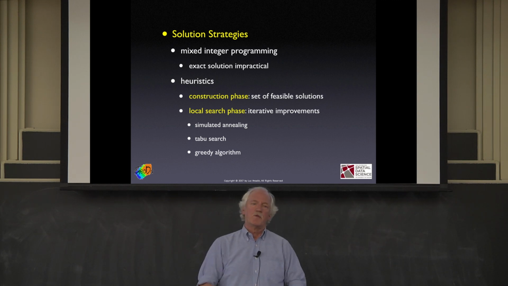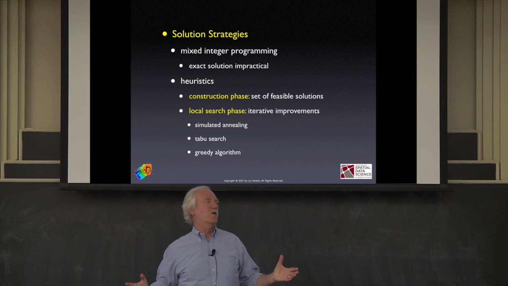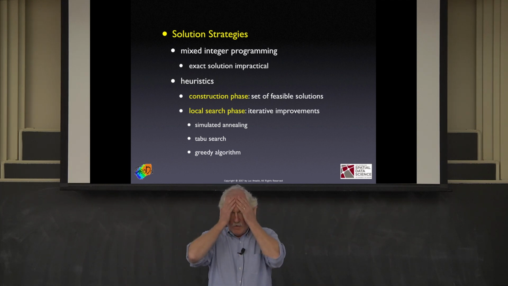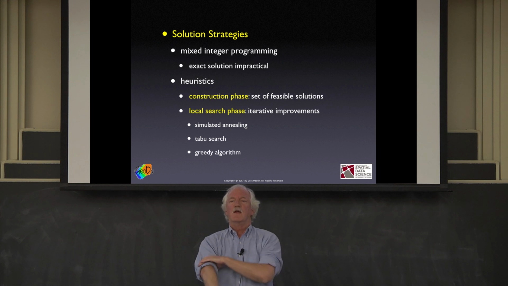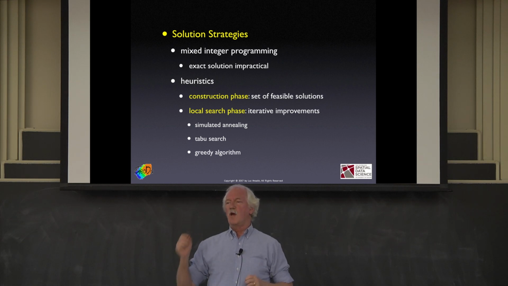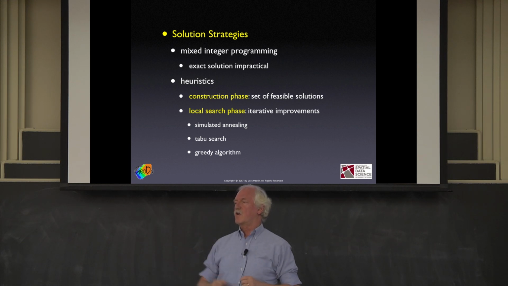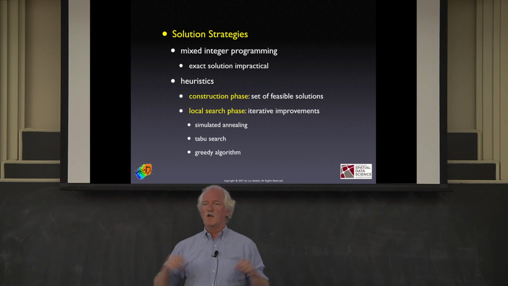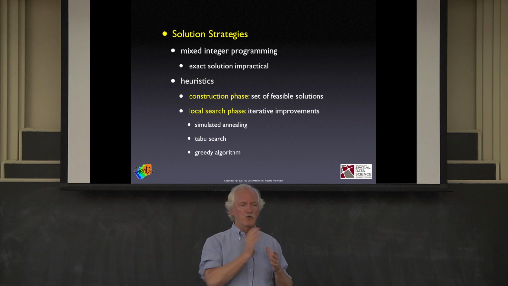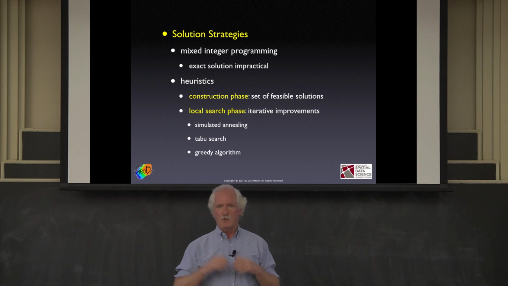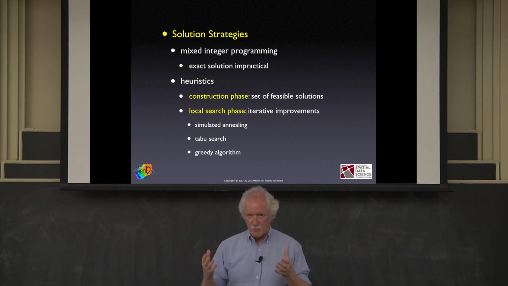You have combinatorially, I forgot the number, but even in our simple example, the number of possible combinations is larger than the number of seconds since the start of the universe. So that gives you an idea of how big a problem this is. There is no way you're going to enumerate them and then pick the best one. You just can't, right? So you have to be smart.